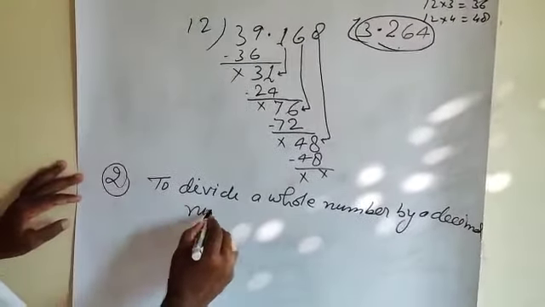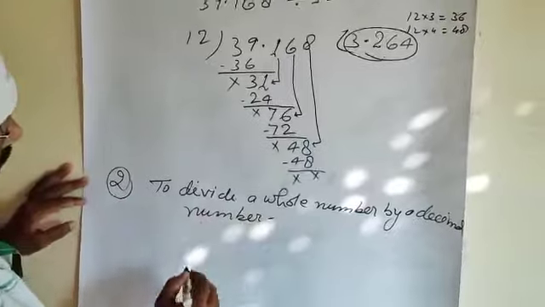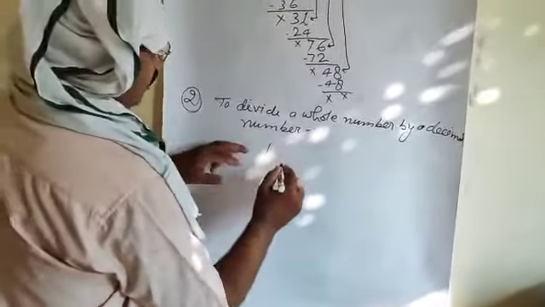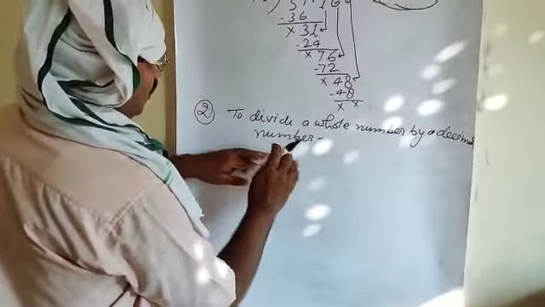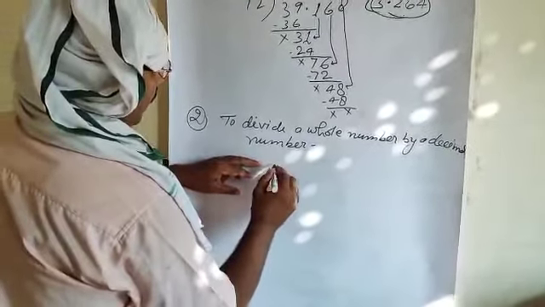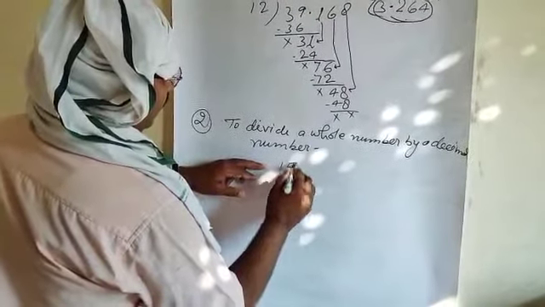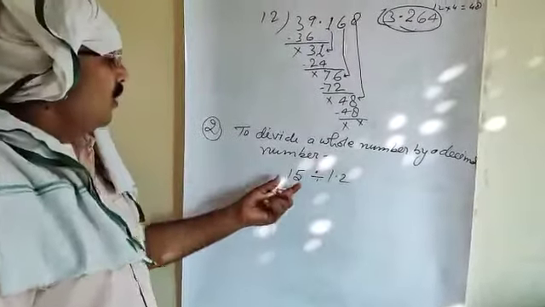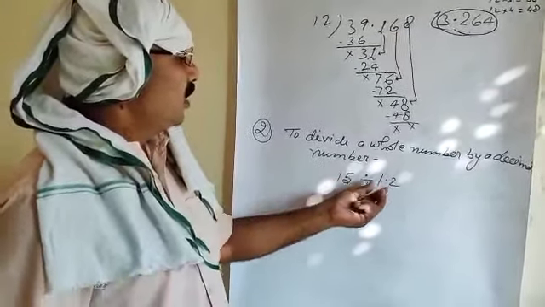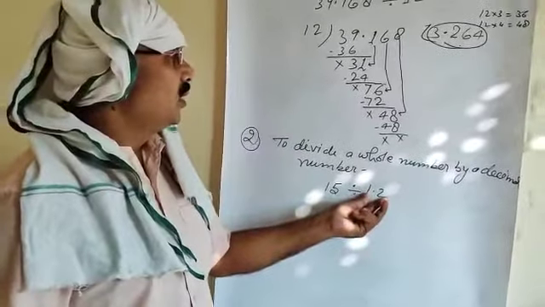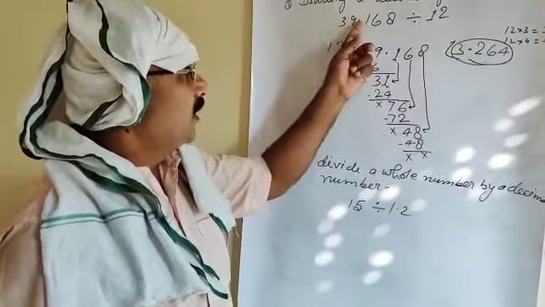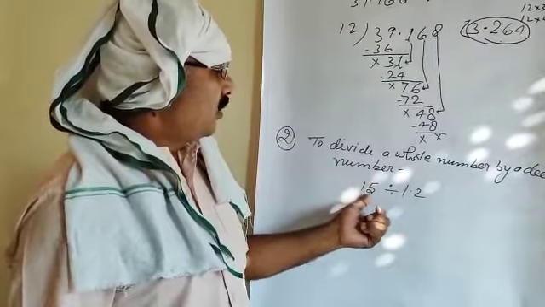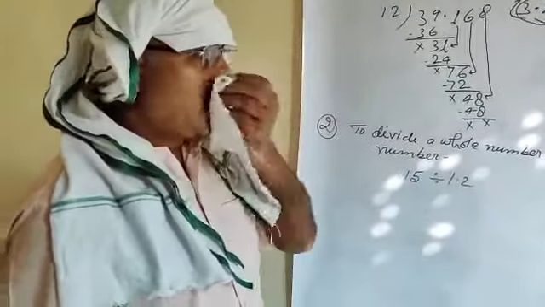Suppose that here is given 15 divided by 1.2. 15 is a whole number and 1.2 is a decimal number. In the previous sum you saw a decimal number divided by a whole number. Here you can see a whole number is divided by a decimal number.